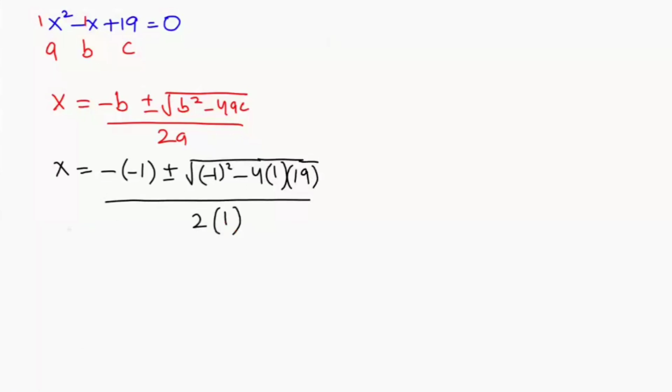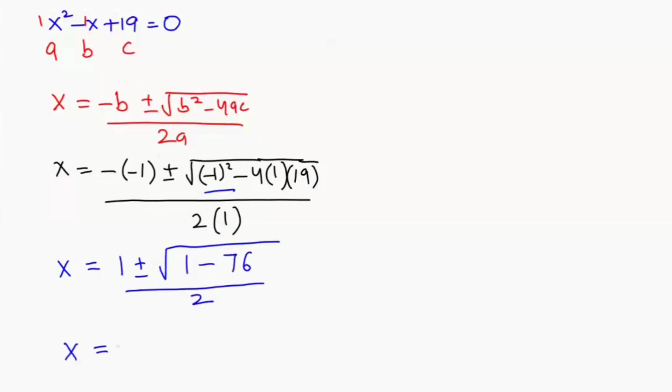Now we're going to solve it out. x = (minus minus is plus) 1 ± √(1 - 76) over 2, and 4 times 19 gives us 76. So x = (1 ± √-75) / 2.